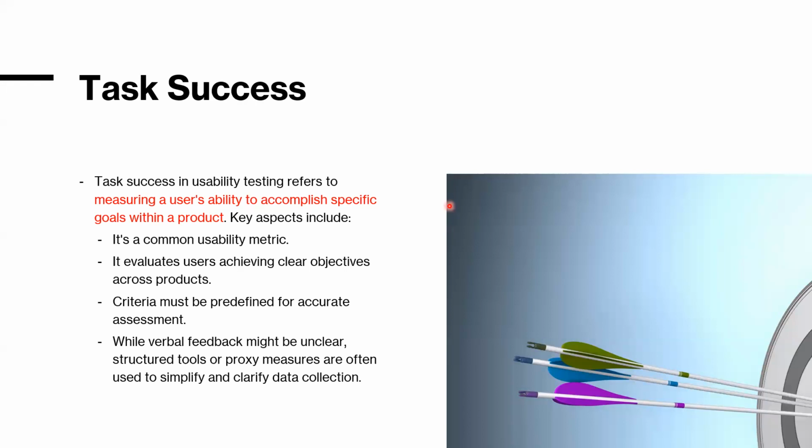Okay, task success, like task completion. These aspects are very important in any usability test. They are crucial for any product, right? Any interface or system, for example, a website in terms of e-commerce, right?